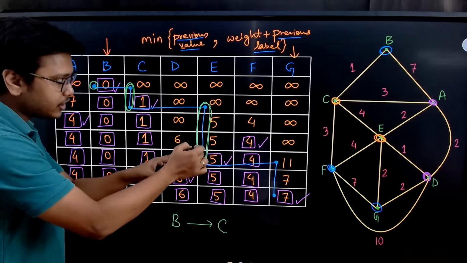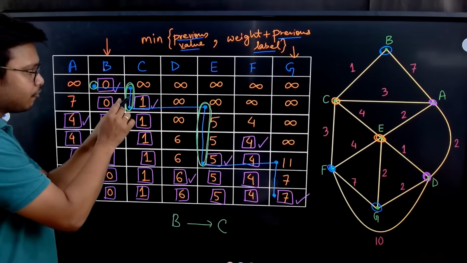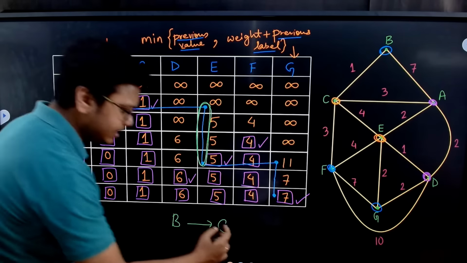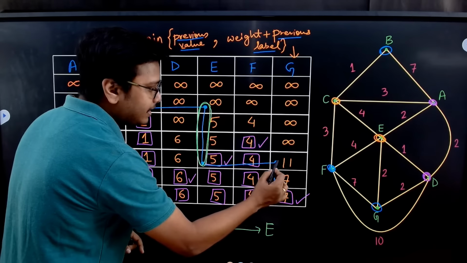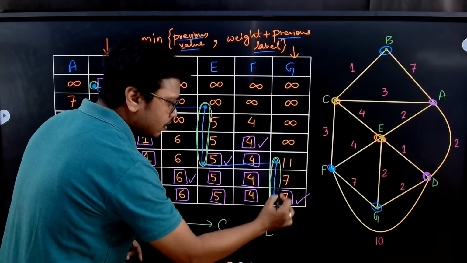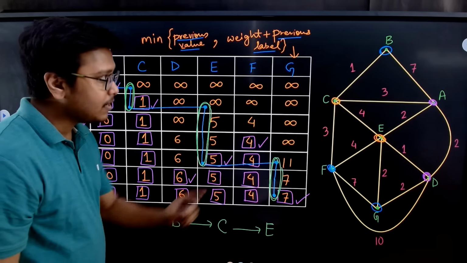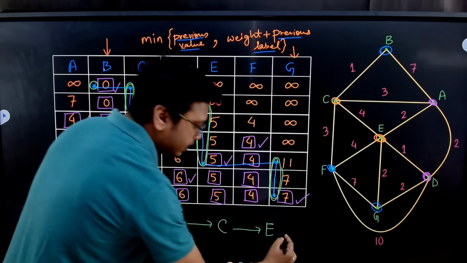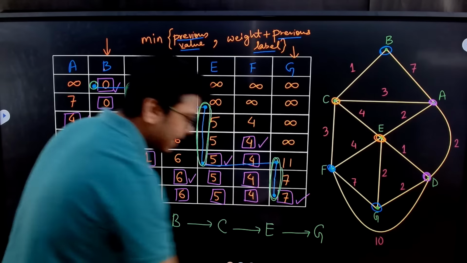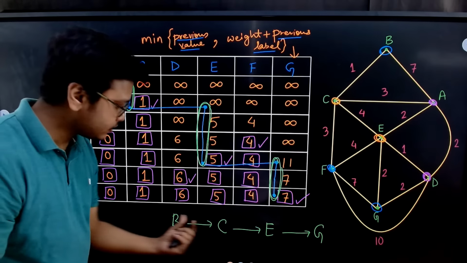So from C, I have gone to E. And again, I have changed my direction in which column? In the G column. And that means from E, I have gone to G. Okay, so from E I have gone to G, and let's check the corresponding weights.